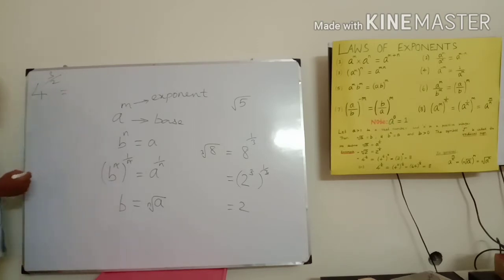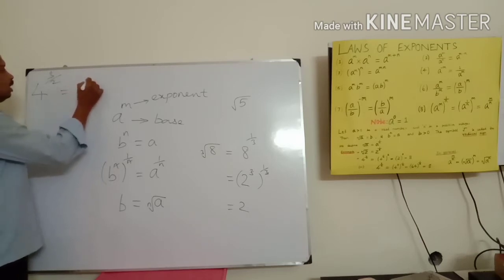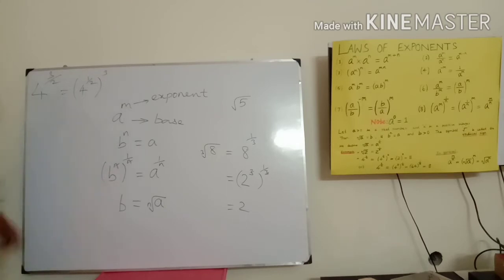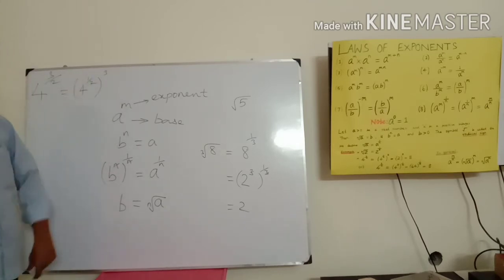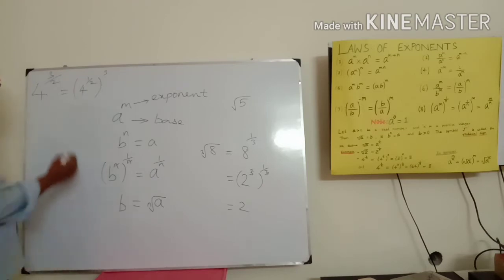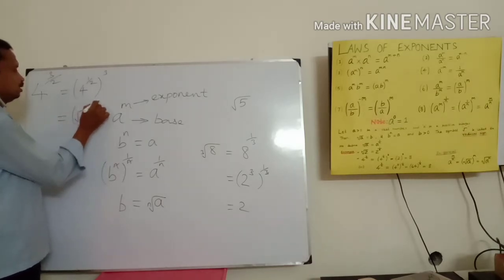This you can write as 4 power 1 by 2 into 3. So 3 by 2 you can write as 1 by 2 into 3.